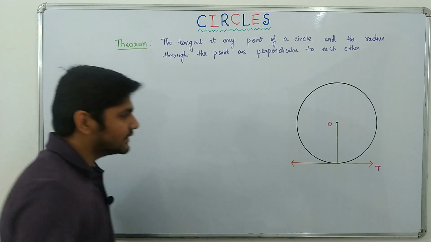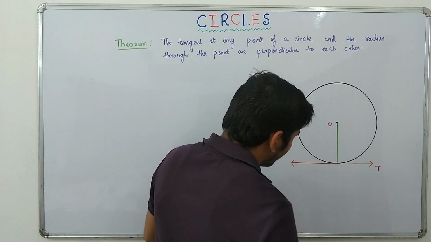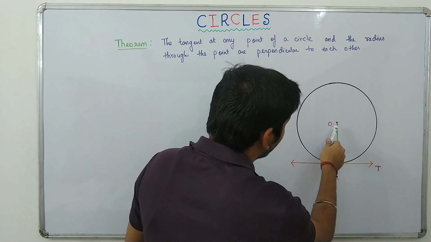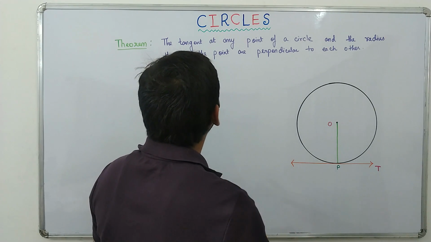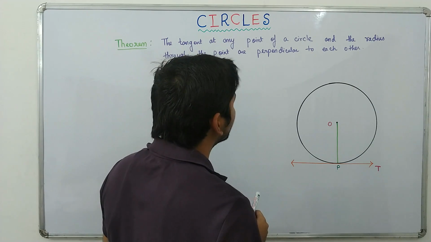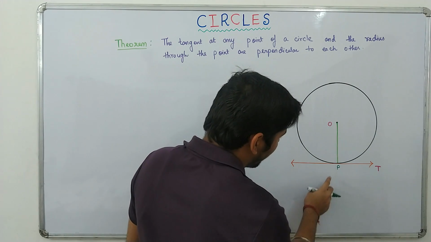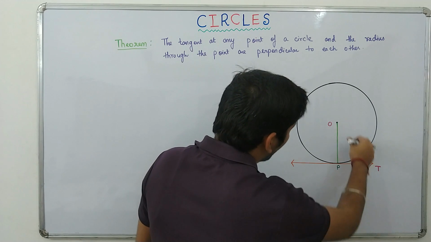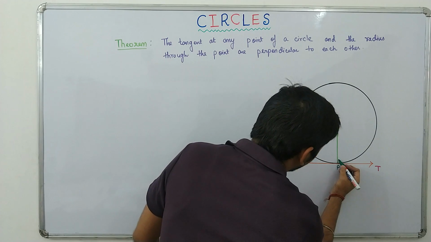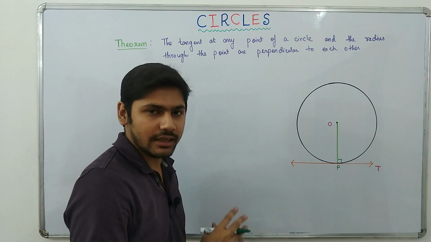Say we have a circle and a tangent T with the point of contact at P and the center of the circle at O. As I told you, we have the tangent T and the point of contact at P. So if I draw a radius like this through P, the radius will be perpendicular to the tangent. This is what this theorem is trying to say.